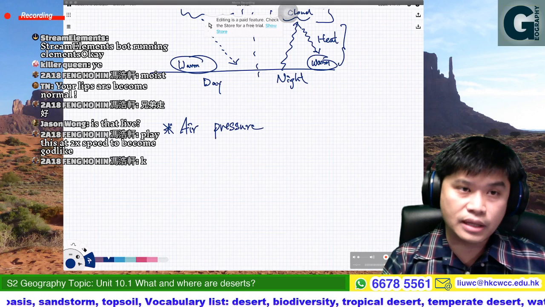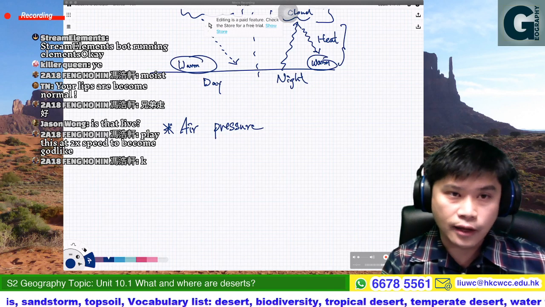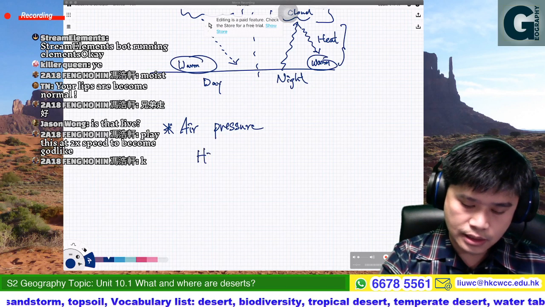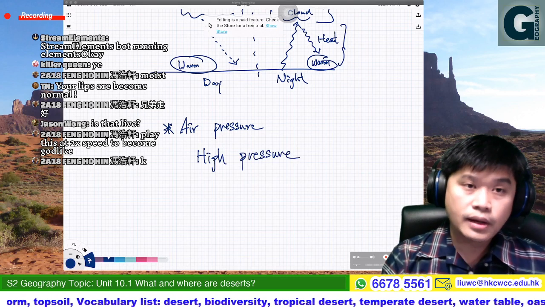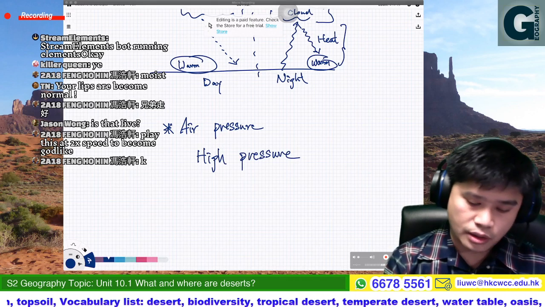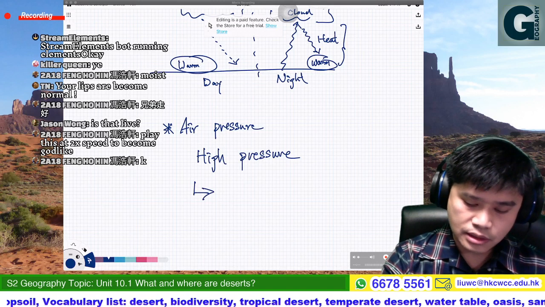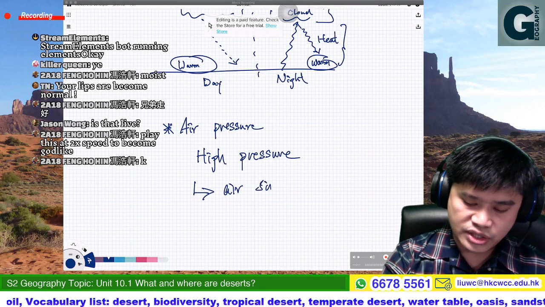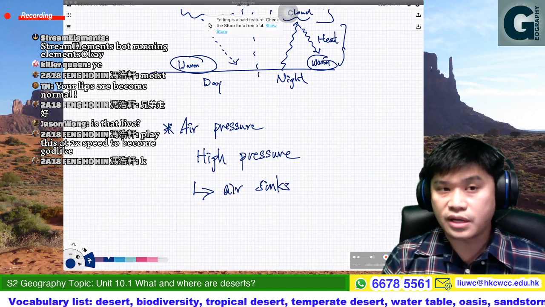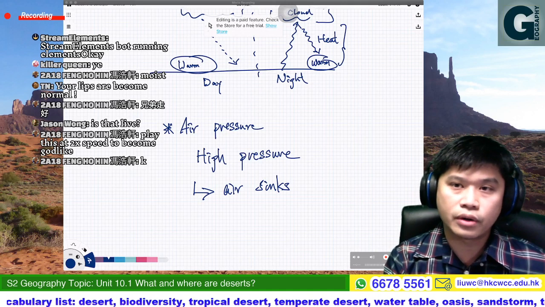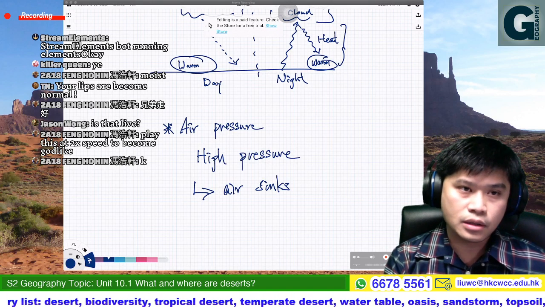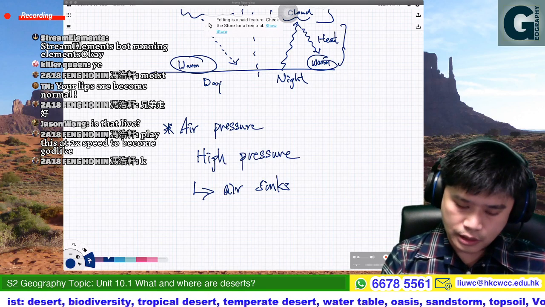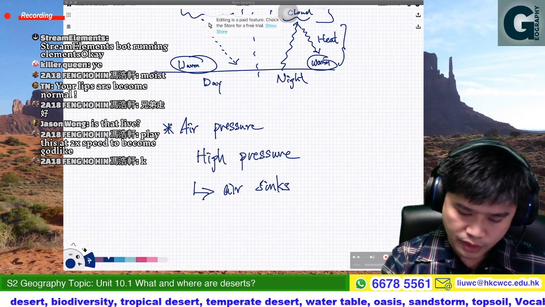The air pressure in the desert region is normally high pressure. High pressure means that the air sinks. So therefore, cloud could be a little bit difficult to form. That would be the explanation.